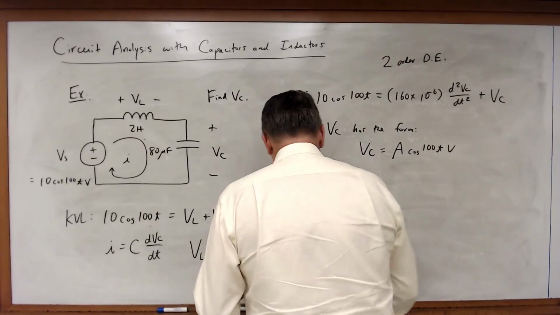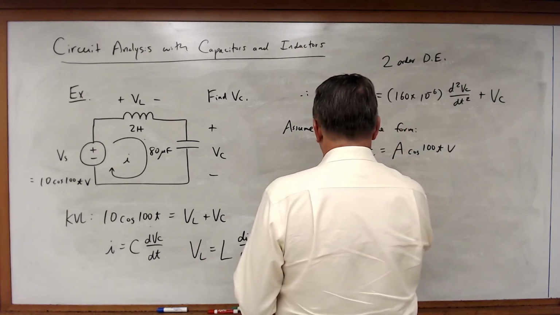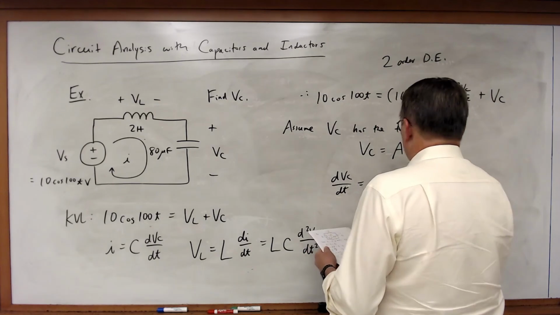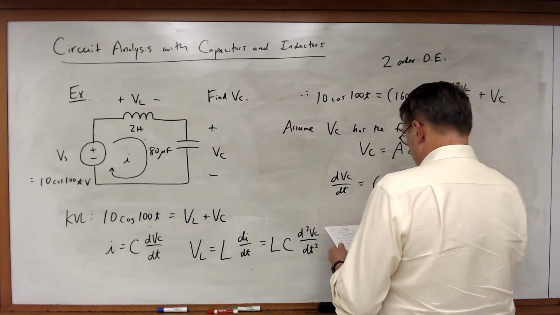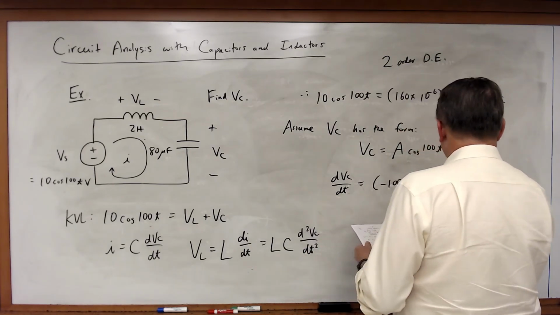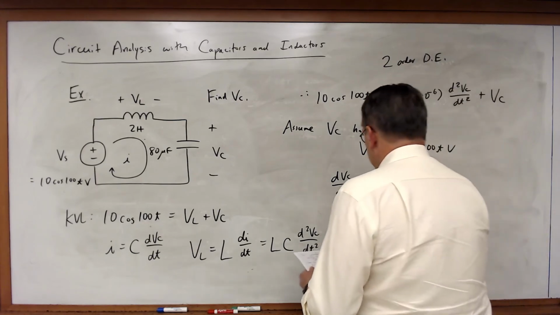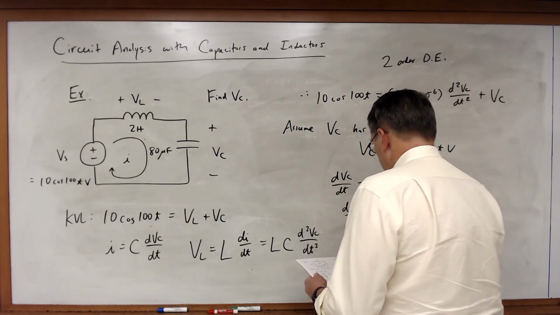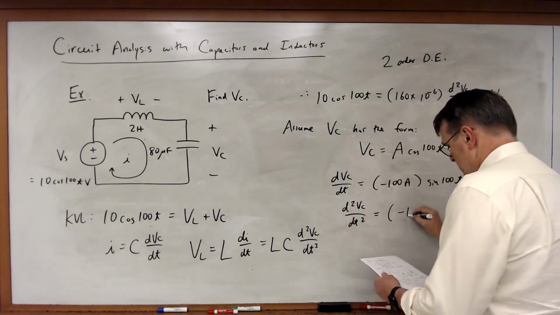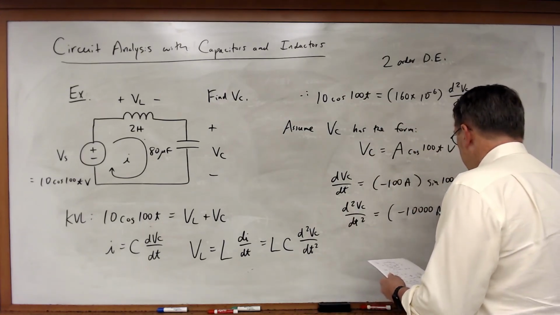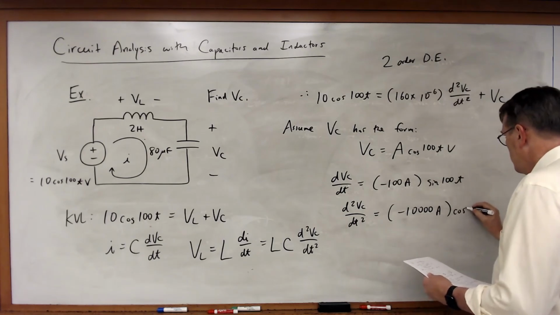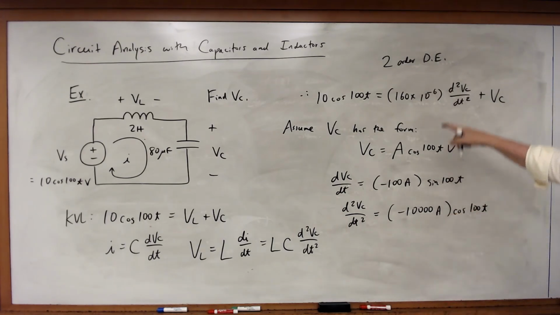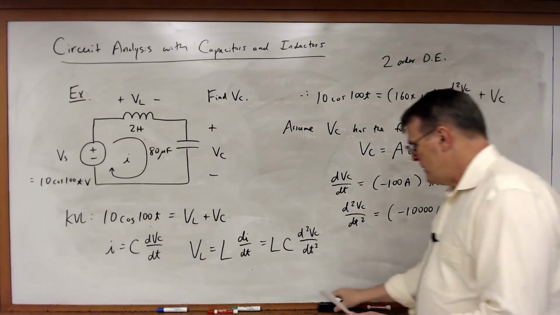And so what we're going to get is that dVc/dt is equal to minus 100 times A times sine 100t. And the second derivative of Vc with respect to time is equal to minus 10,000A times cosine 100t. So I can now take this and plug this back into this equation.